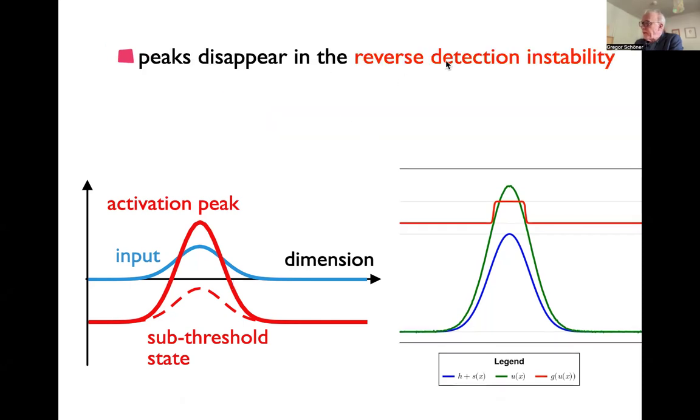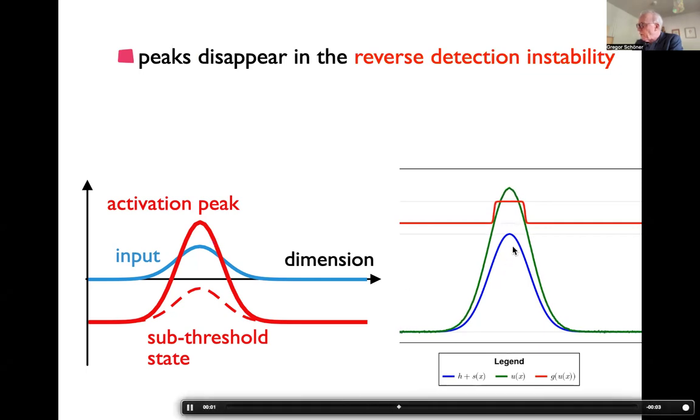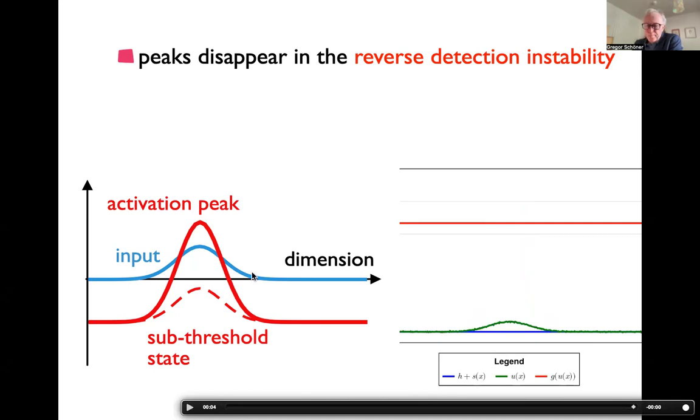There is also the reverse detection. That is, when the input goes lower than some certain level, then the bistability is destroyed, and now the activation peak becomes unstable. So here in the simulation, we lower this, the peak decays, we lower it all the way to zero here. So it's sort of like a flip-flop, right? You have a bistable regime, and you turn on by making the zero state unstable, then you switch to on.